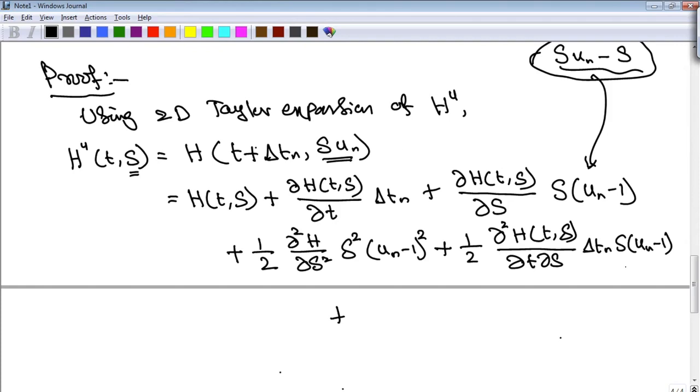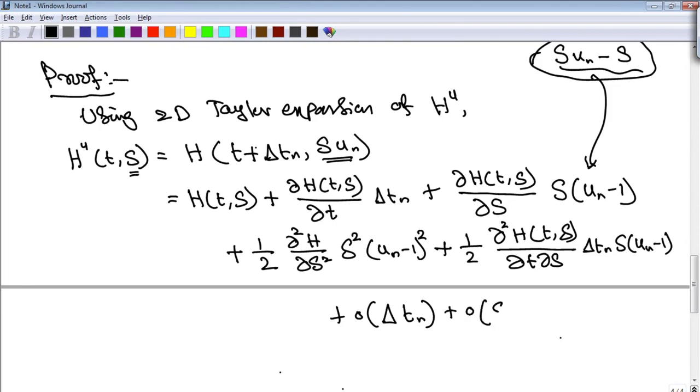This also will be absorbed in the second order term, but I will just write and show you how it goes off. And the rest are all terms which go to zero faster than Δt_n. Like the second order term, Δt_n² will definitely go faster than Δt_n, right? So therefore, all the higher order terms I'm just writing with this notation.